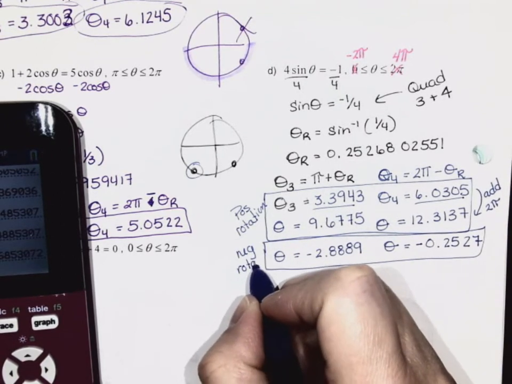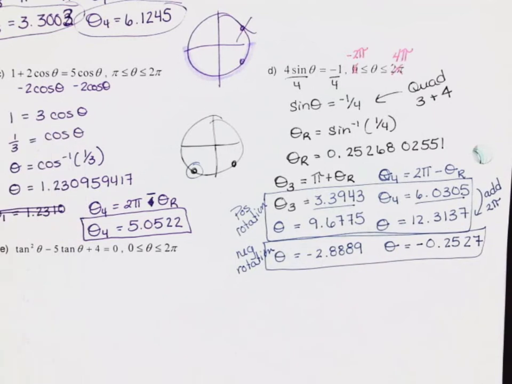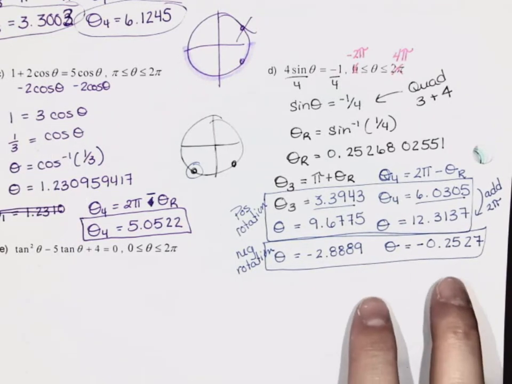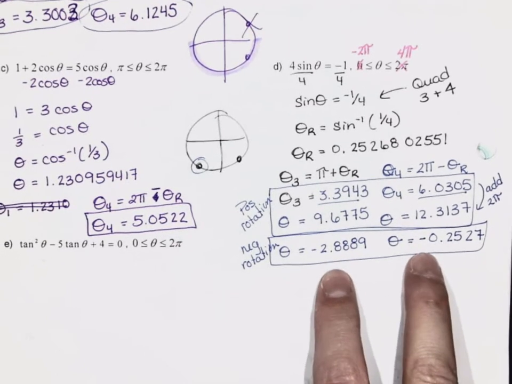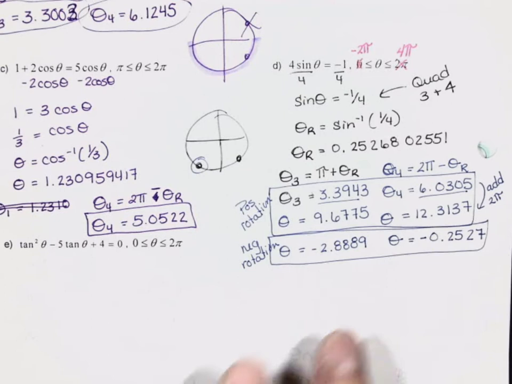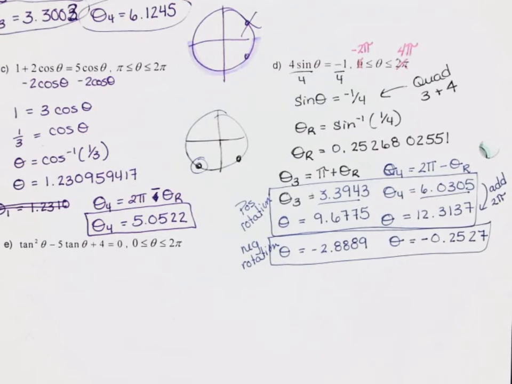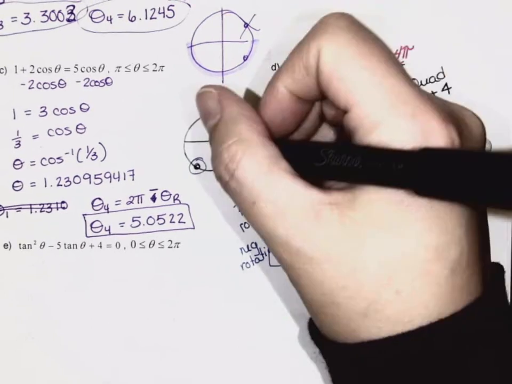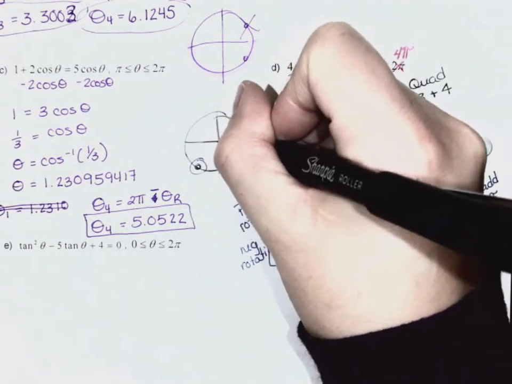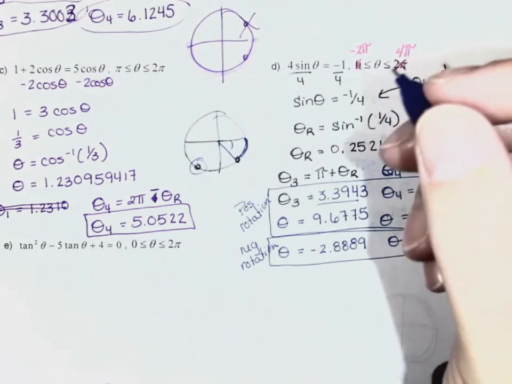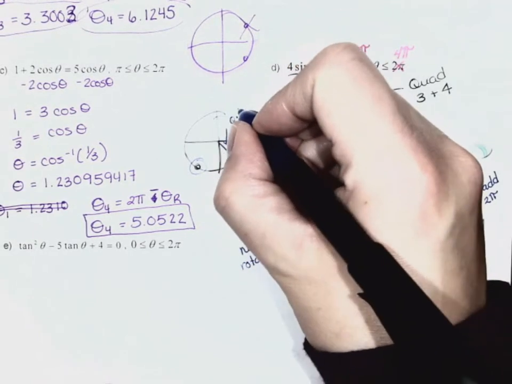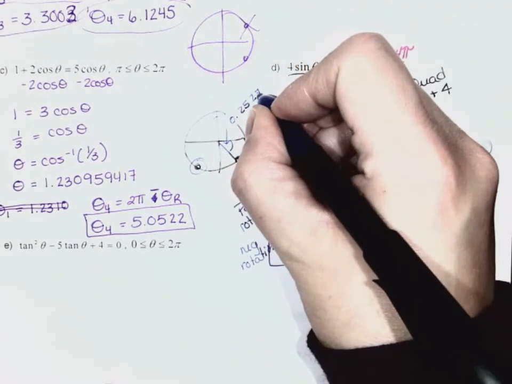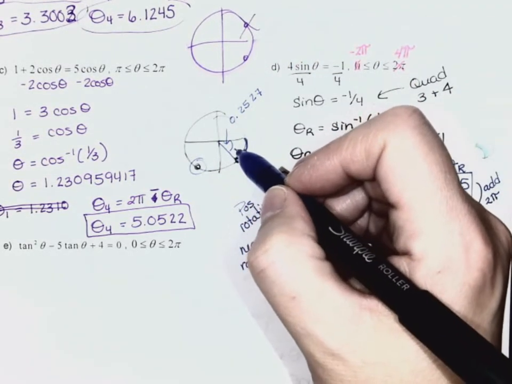So wait, if the negative rotation was negative 4 pi, you would just subtract 2 pi from them? I would do them one by one, like I would take 2 pi off these ones, yeah. When we solve for your reference angle, it's 0.2527.